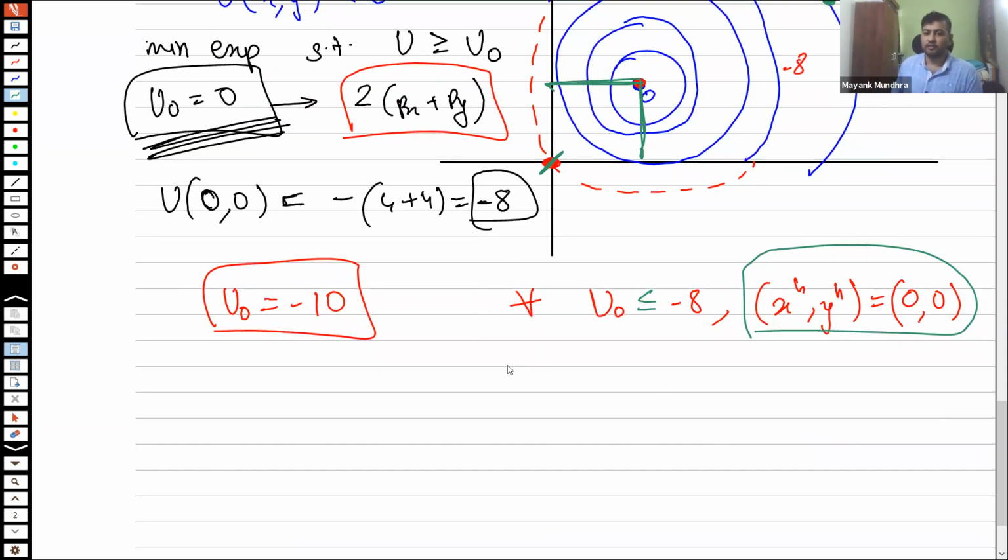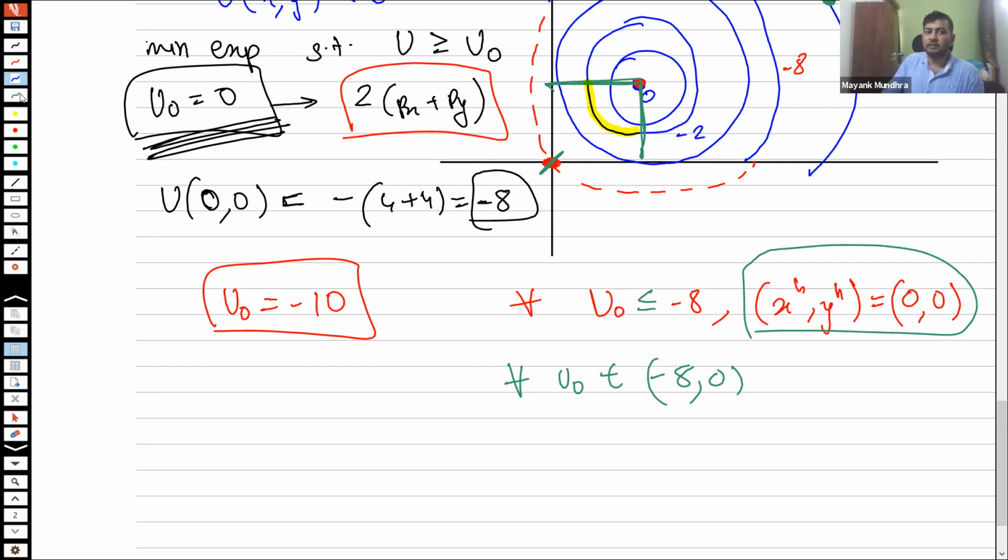So for all u naught belonging to -8 to 0, what is going to be the ideal bundle? So let's say you want to reach this particular indifference curve, this utility level, let's say this is -4 or -2, -2.